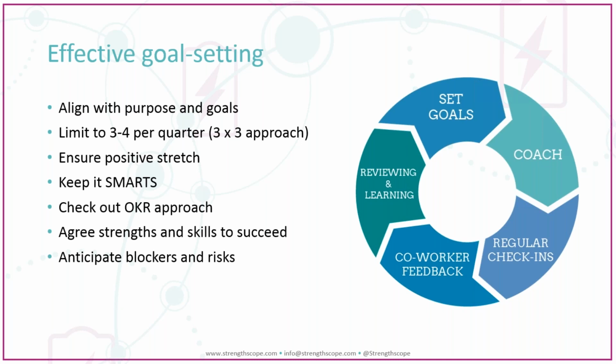We would recommend that you check out something that Google and many other very progressive organizations use, called the OKR approach. I'll give you an example of OKRs. The O stands for objective, and the KR stands for key result areas.